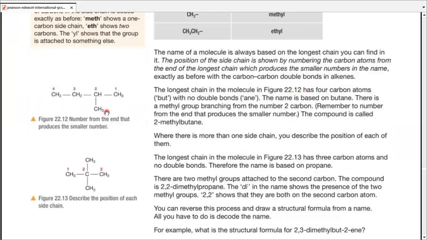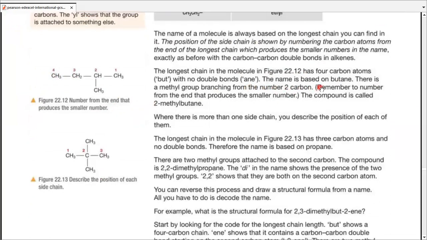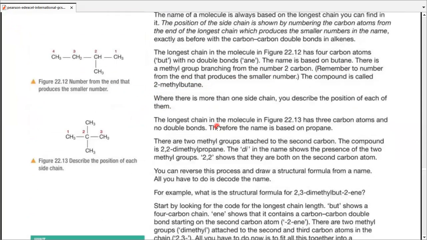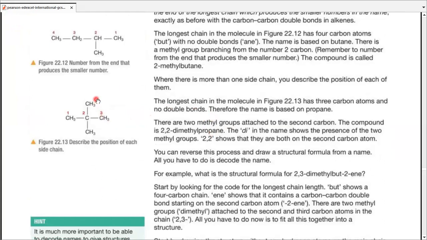The longest chain in the molecule, how you're going to find a chain, and then you're going to start numbering. The numbering is from the end, whichever produces the smaller number. So you already know how this name is 2-methylbutane. Now, if there are two same structures, it becomes 2,2-dimethylpropane.